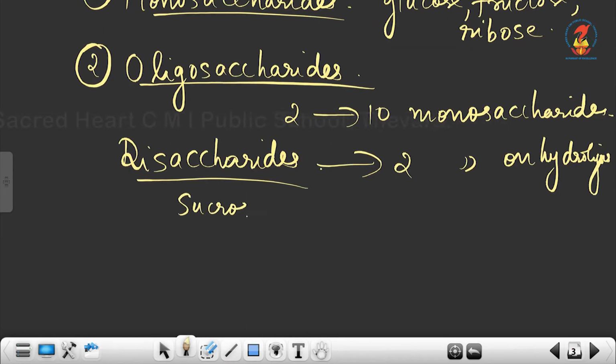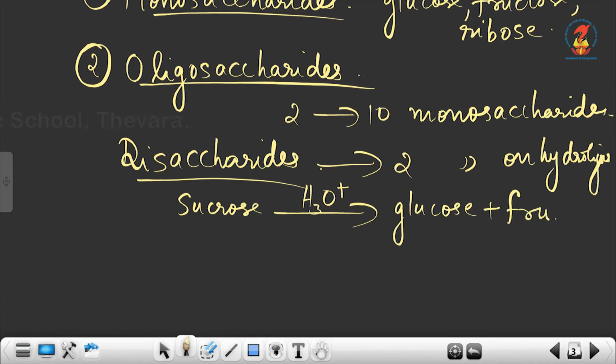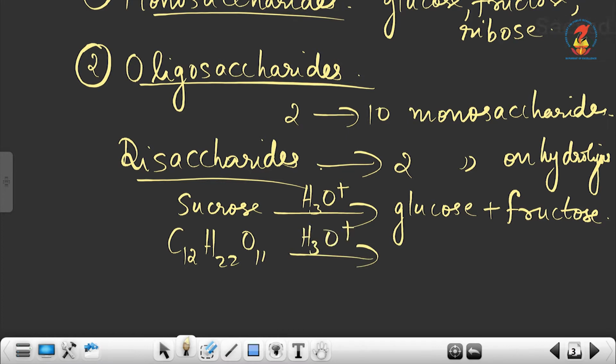Sucrose on hydrolysis, you get glucose and fructose. And the formula of sucrose is C12H22O11, which on hydrolysis gives glucose, whose formula is C6H12O6, and fructose, whose formula is also C6H12O6.